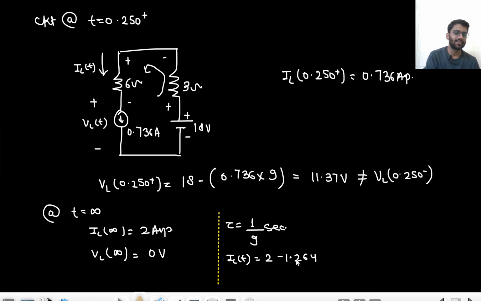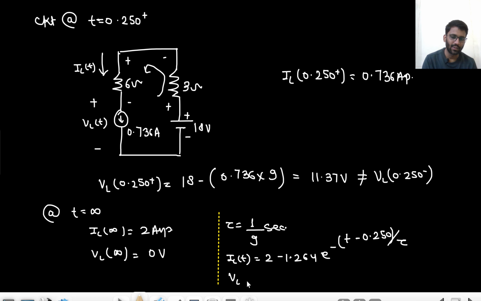What did I do? I just found the value of IL at 0.25 plus minus IL at infinity. So this is the value I am getting, e to the power minus t upon tau, but instead of t I will write t minus 0.25 upon tau, right?